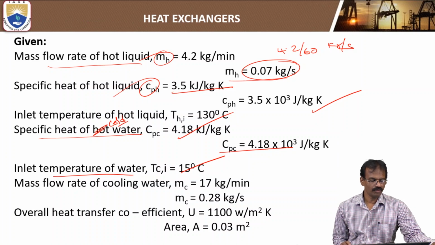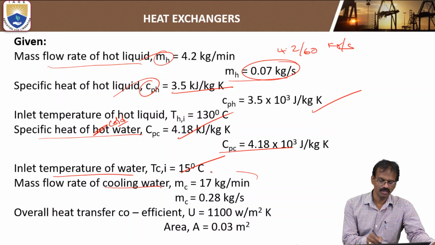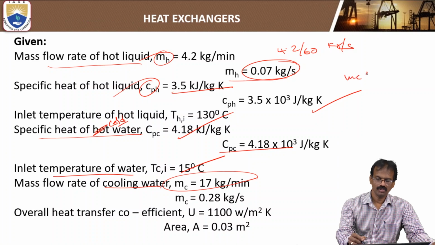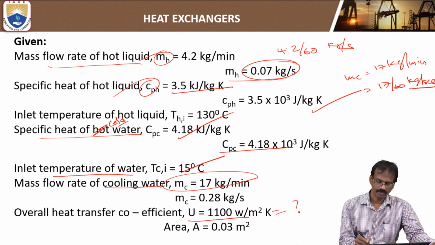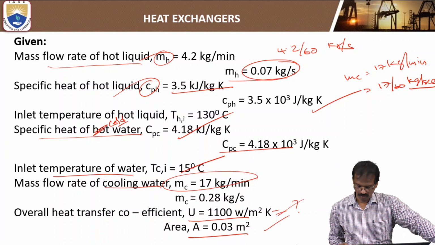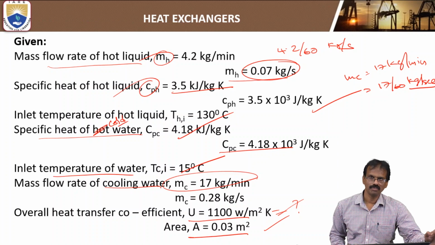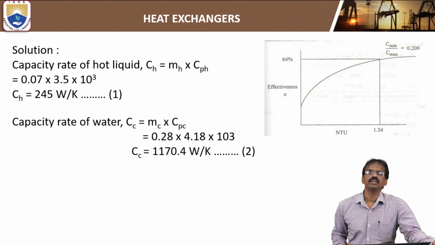Okay, the mass flow rate of cooling water, mC, is also given. So mC is equal to 17 kg per minute; converting into seconds, 17 by 60 kg per second. So these are the values. The overall heat transfer coefficient and area are also given. So this is the given data. Now we'll see how to find the outlet temperatures of the hot fluid and of the cold fluid. Okay, we will see the solution.